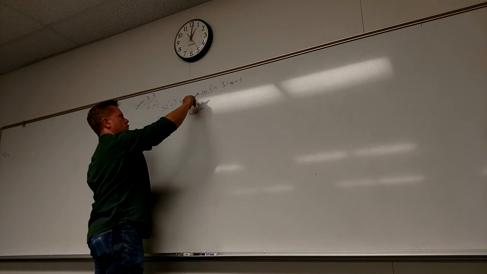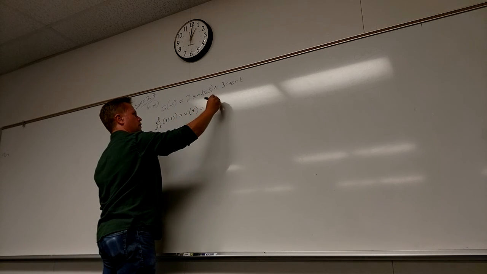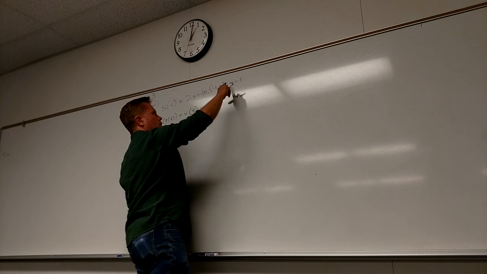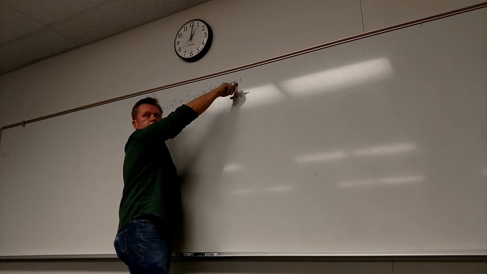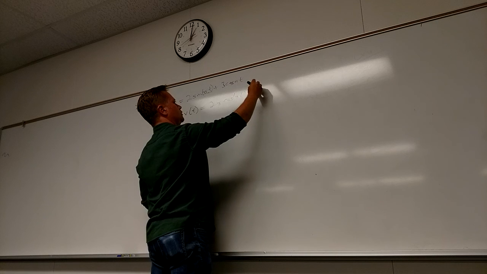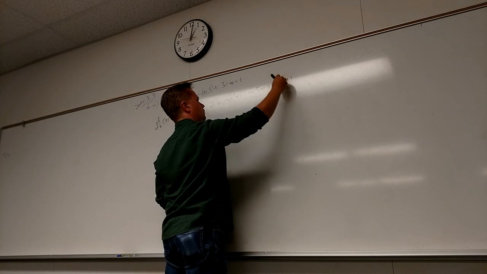So it'll be 2 cosine pi t times pi, so it'll be 2 pi cosine pi t. The derivative of cosine is negative sine, and the same thing happens with this one. Chain rule again. So it'll be minus 3 pi sine pi t.